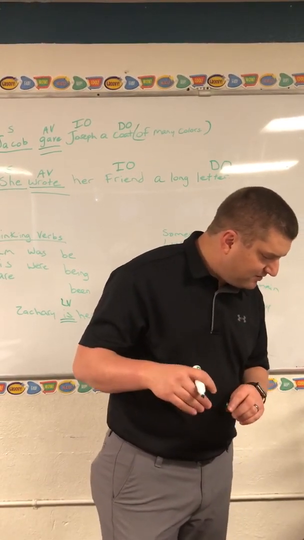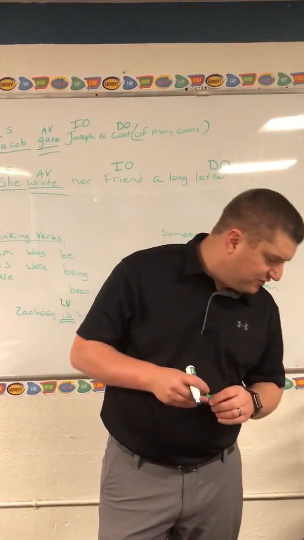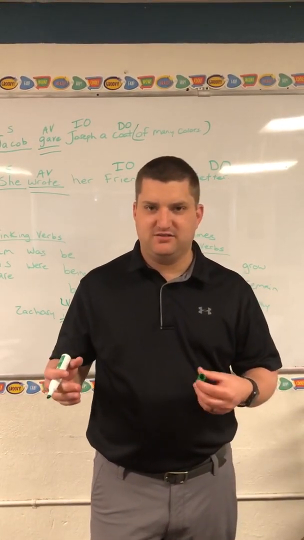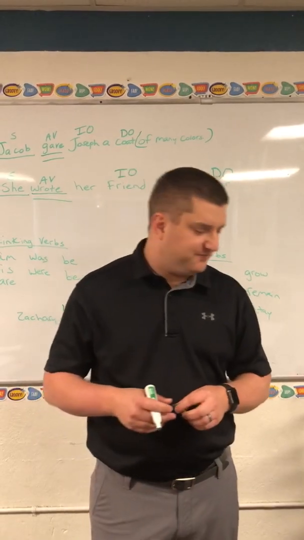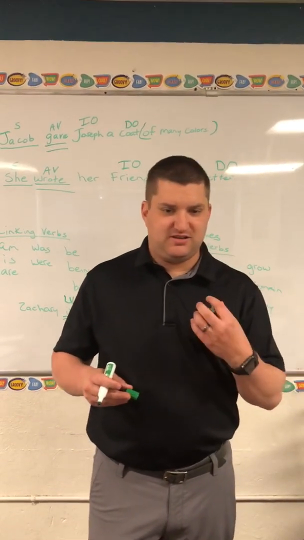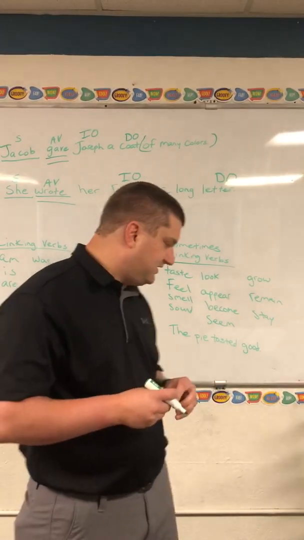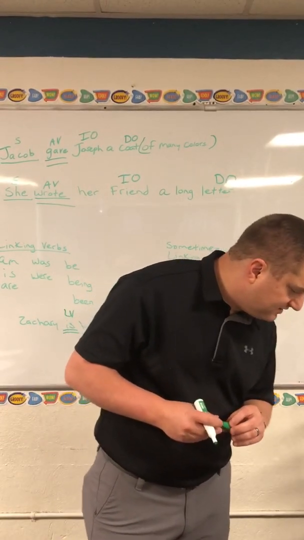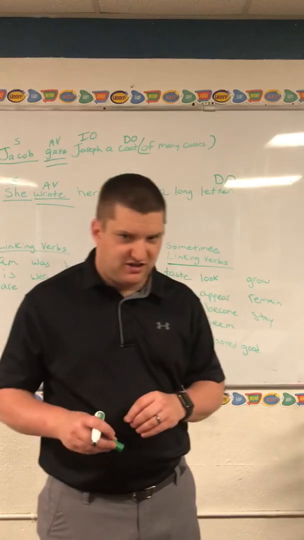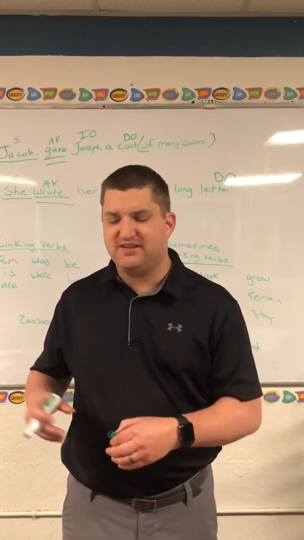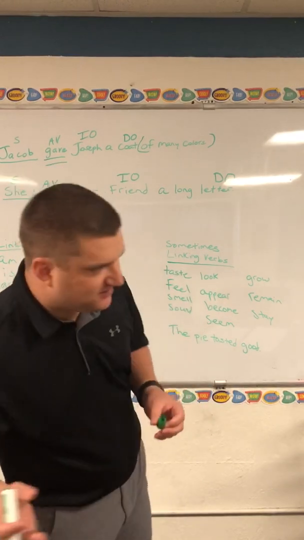The first one says, the hungry boy tasted the warm pie. Can a boy taste? Oh, yes. You can actually do the action of taste. But then number 2 says, the pie tasted good. Can a pie actually do the action of tasting? Of course not.